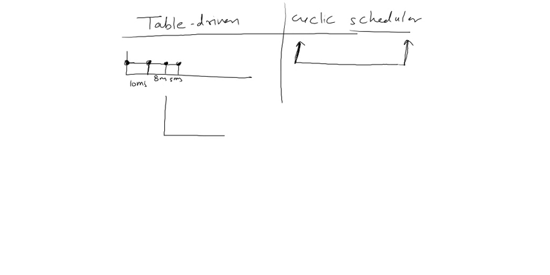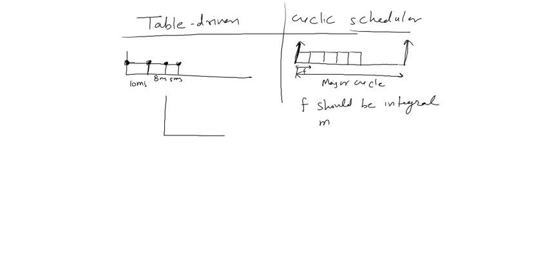This major cycle is divided into an equal number of frames. This is your major cycle and this is your frame, let's call it f. The frame length f should be an integral multiple of your major cycle.